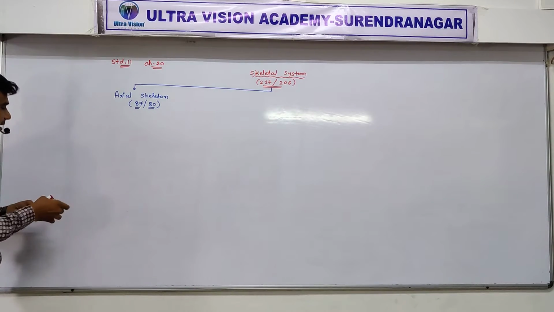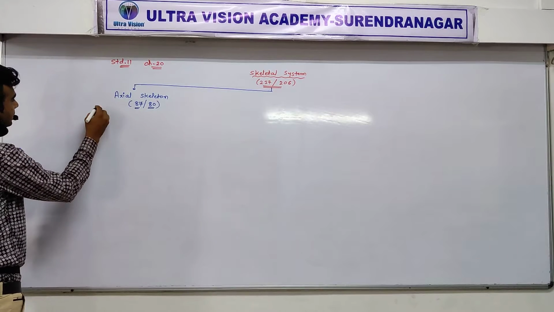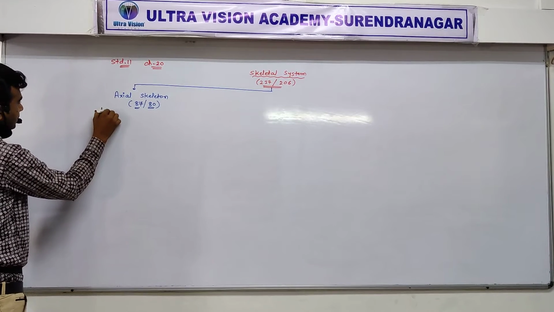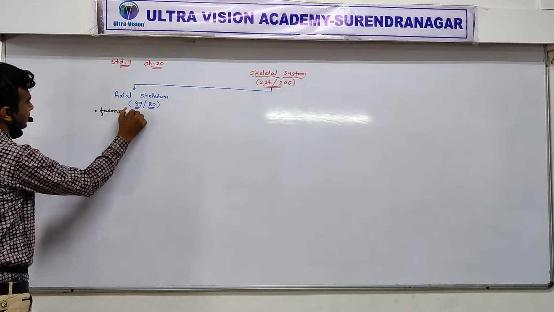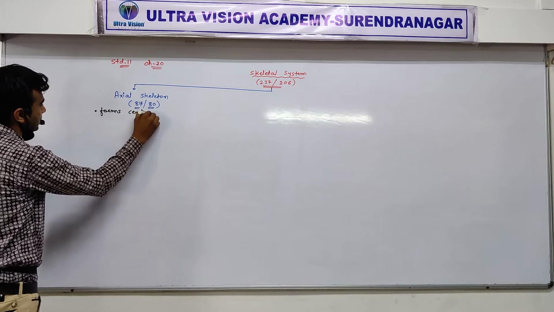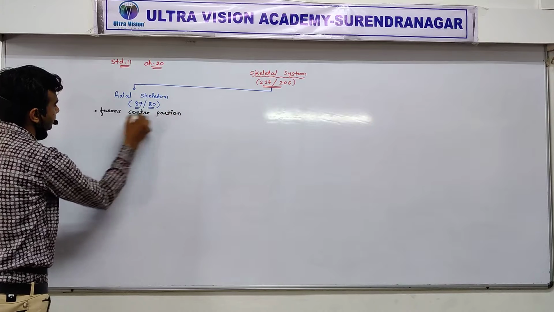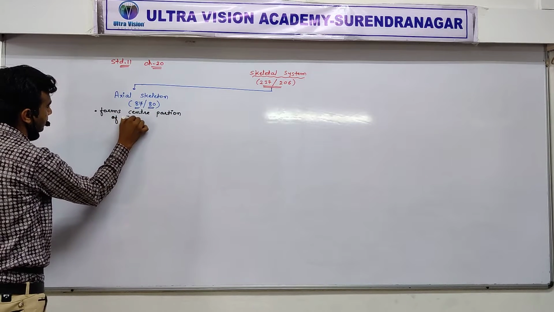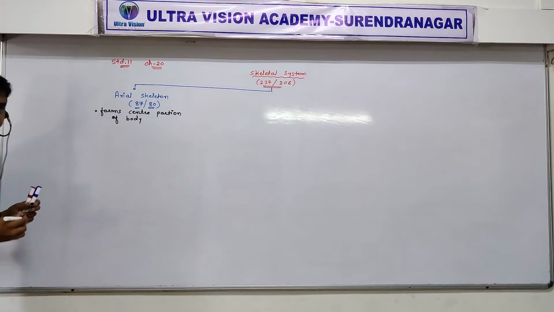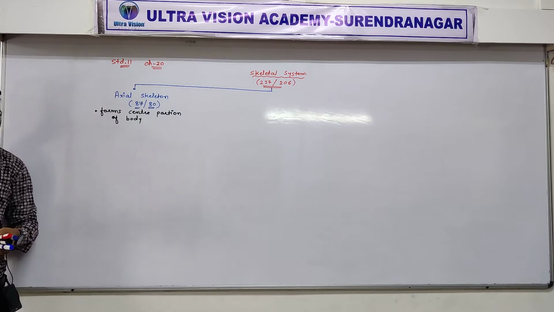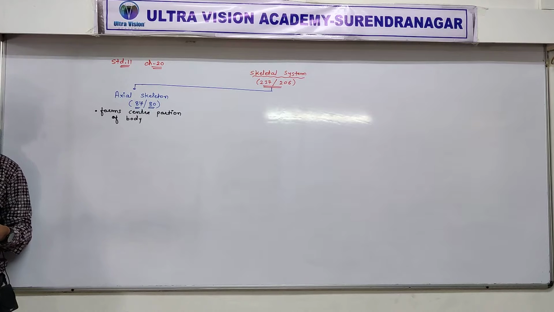What do I mean by axial skeleton? It forms the center portion of the body. For example, skull bone. Skull consists head, face, ear and hyoid bone.